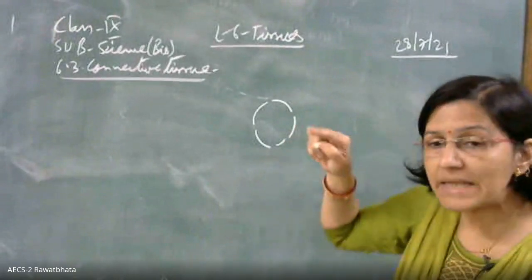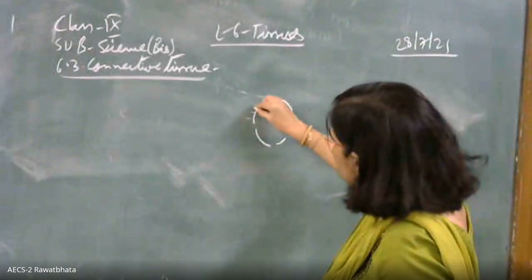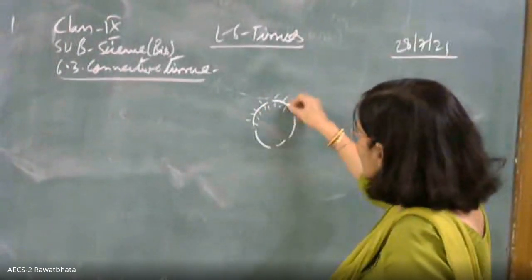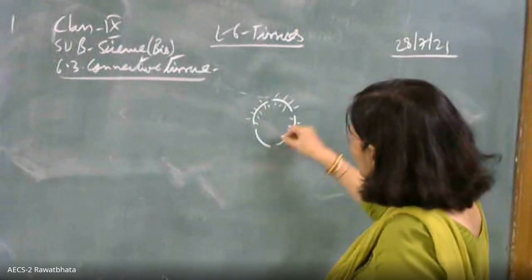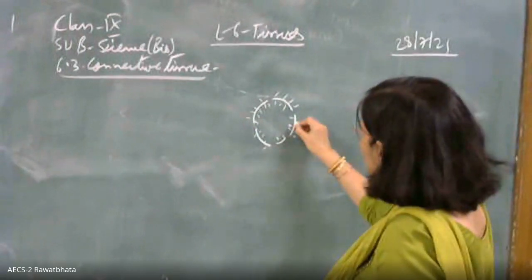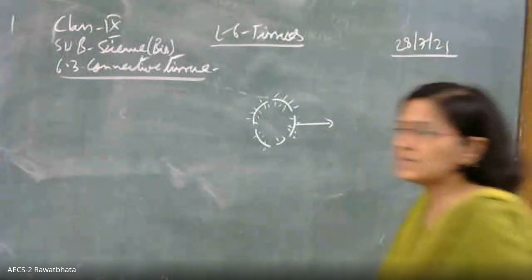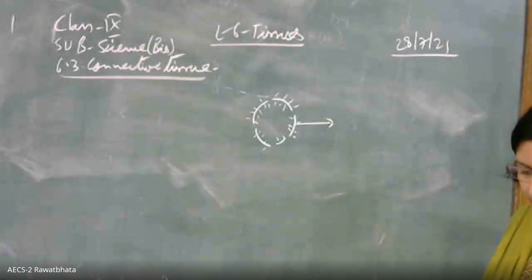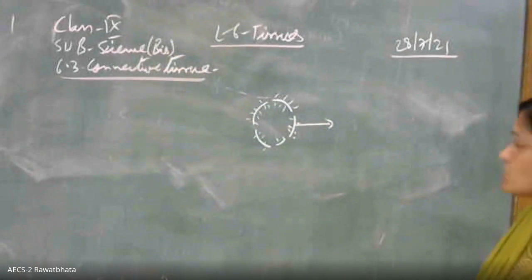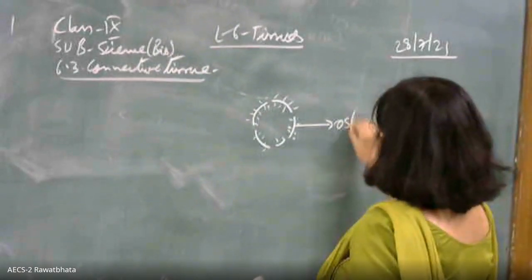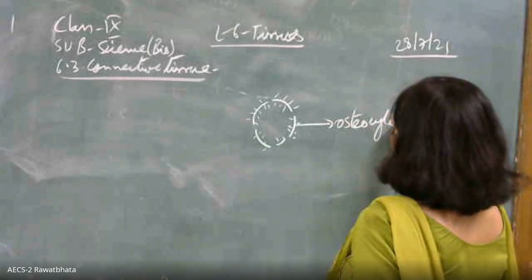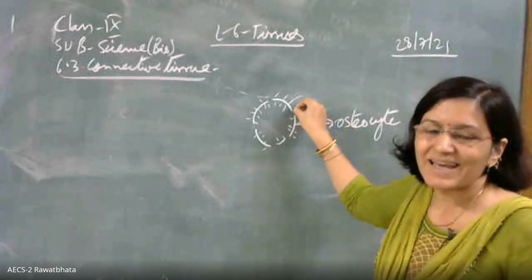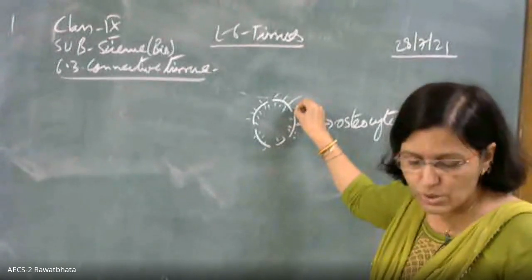They have these extensions around them. The single cell in the bone cell is actually the osteocyte. This is the osteocyte. And these are, of course, the extensions, as has already been labeled in the book also.